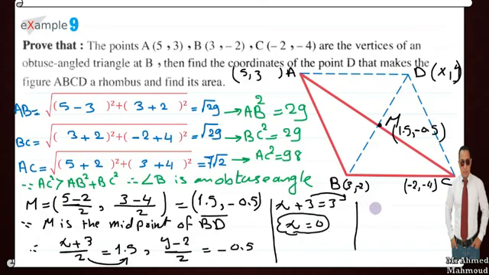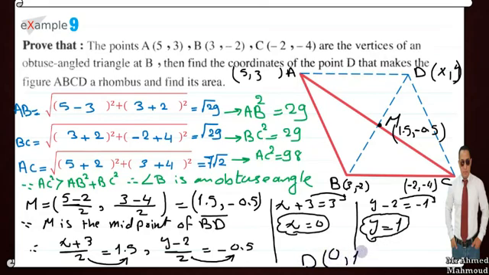Okay, and I will send 2 times negative 0.5 equals negative 1, then Y minus 2 equals negative 1, then Y equals negative 1 plus 2 equals 1. So D equals 0 and 1.